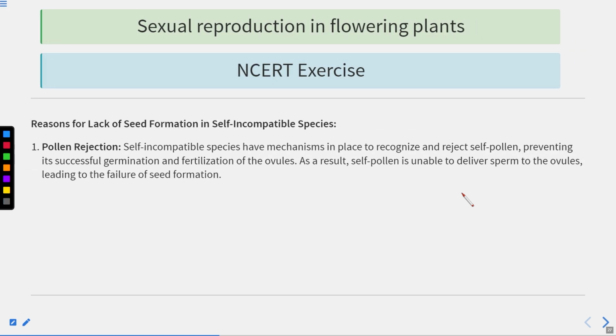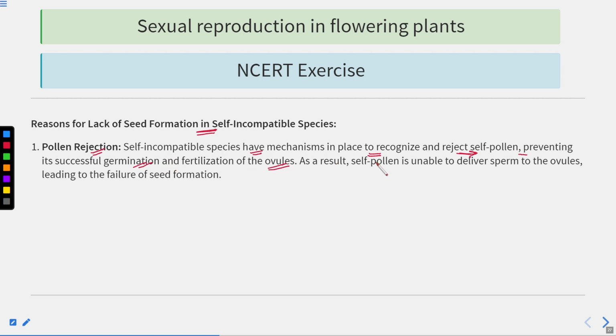Now next one, let's talk about the reasons for the lack of seed formation in self-incompatible species. So why are the seeds not formed? First is pollen rejection. Self-incompatible species have mechanisms in place to recognize and reject the self-pollen, preventing its successful germination and fertilization of the ovules.